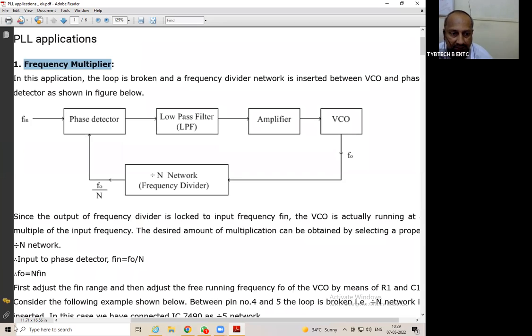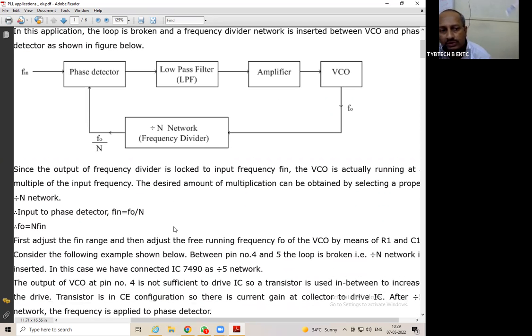If you see this, the phase detector, low pass filter, and amplifier, which is also part of the low pass filter, and the VCO are the main three blocks of the PLL. Additionally, the frequency divider network is used. So how is it going to be used? Mathematically they have also explained over here how this frequency gets to the phase detector, which has two inputs.